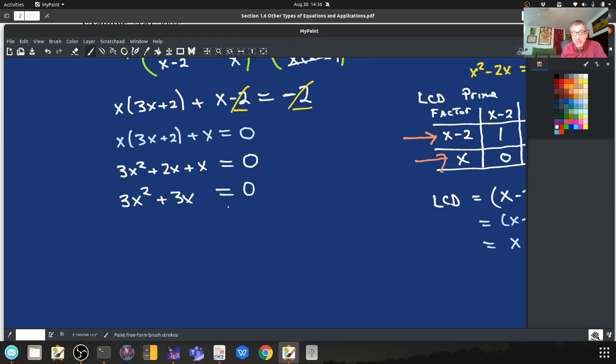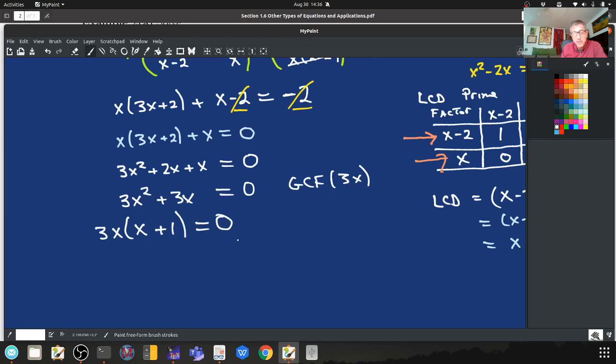So now we factor out the GCF. And the GCF, the greatest common factor, is 3x. So I'm going to factor out 3x. So 3x squared divided by 3x leaves me 1 power of x. And 3x divided by 3x leaves me 1. Oh, how nice that was. I didn't even have to do quadratic equation or anything.